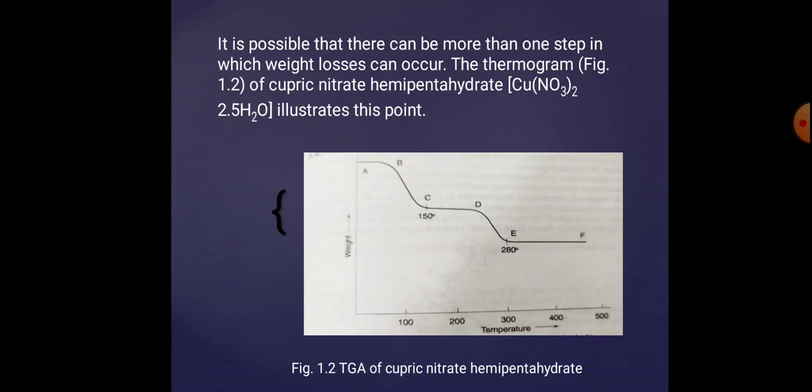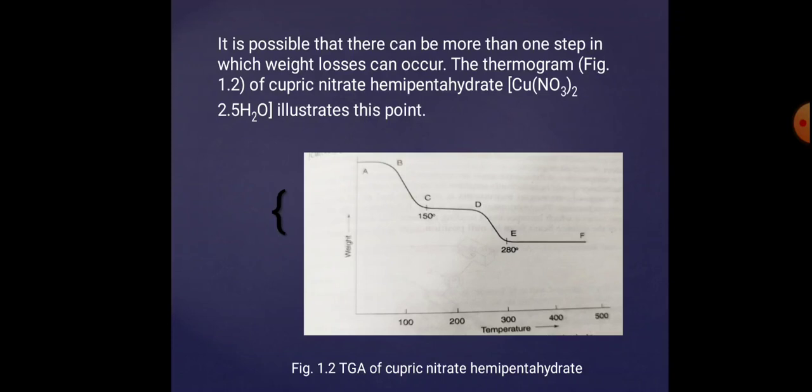Again from 150 to 200 degrees Celsius, from C to D, the weight loss is very minute or negligible, hence the line is about parallel to the x-axis, meaning it is not affected by the temperature. Again above 200 degrees Celsius up to 280 degrees Celsius, from D to E, there is again a weight loss, and from 280 and above there is no effect of temperature on the weight of the substance. So what is the reason behind that?